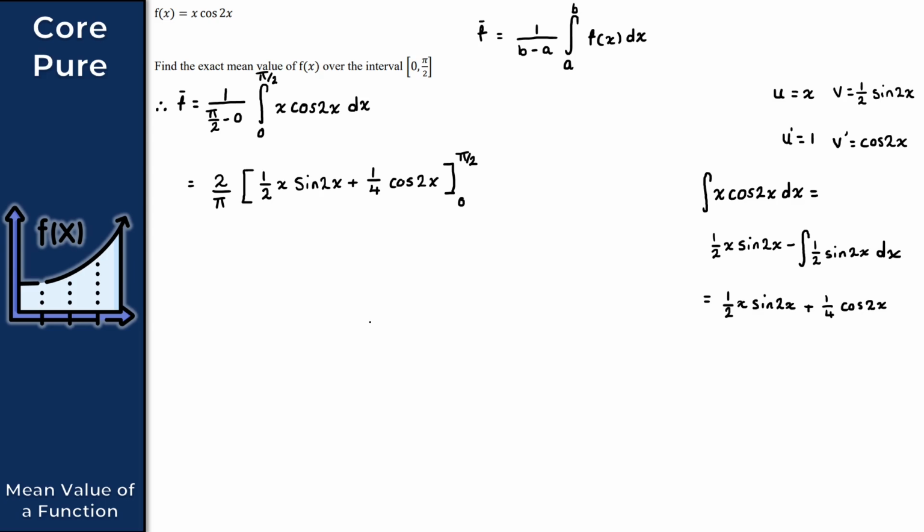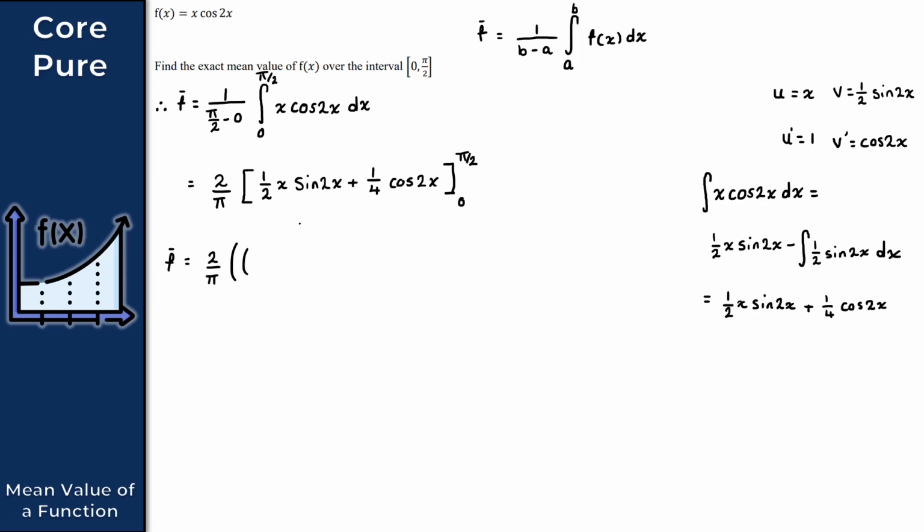Okay. So don't forget then we start with the upper limit here and subtract the lower limit. So f bar then is equal to 2 over pi. We'll just keep that on the outside for now. So what do we get inside here? Starting with the upper limit, and let me do this in a separate bracket here just so you can see the difference between the upper limit and the lower limit here.